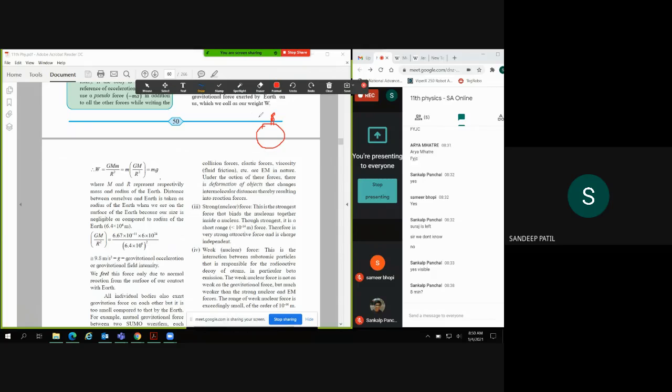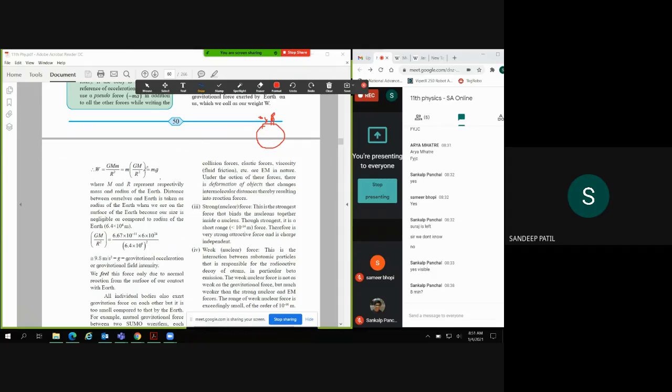If we put something here, it will come down. That is due to gravity. We have seen that in the famous Newton's story about gravity. He saw an apple coming down from the tree, and he found that there is gravitational force.